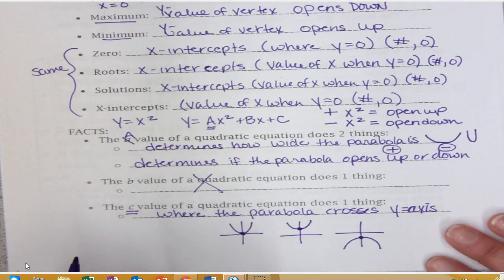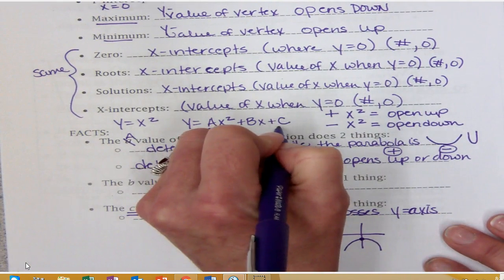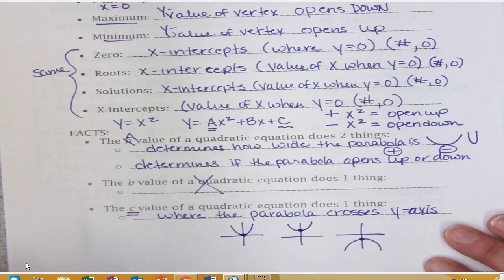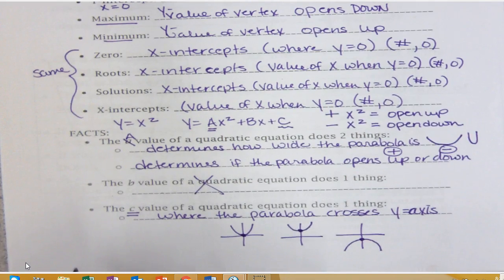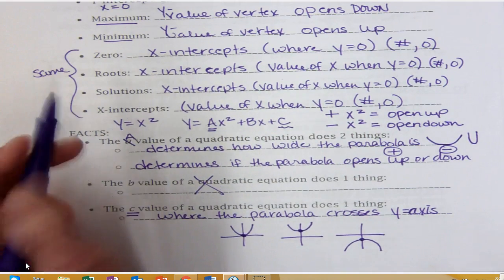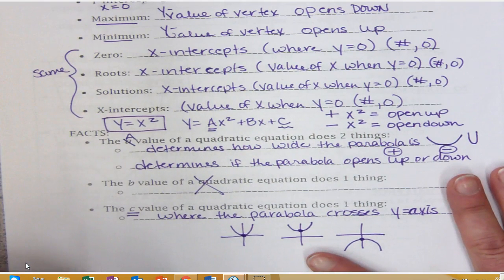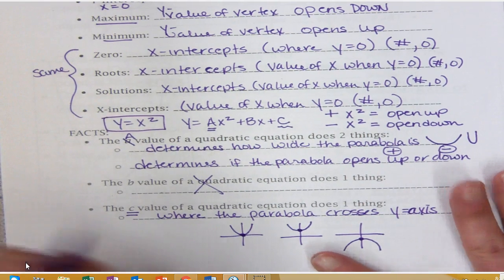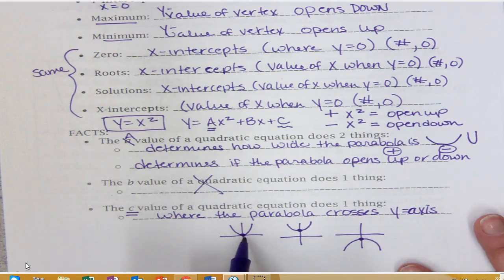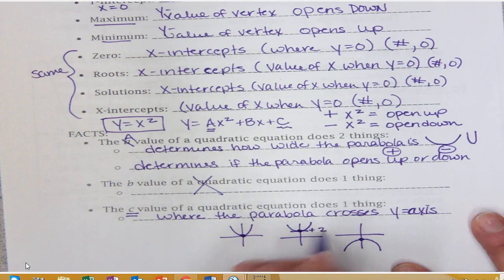In this equation right here, the c value would be 0, so it would stay here. If this might be where the c value is positive 2, that would look like y equals x squared plus 2.